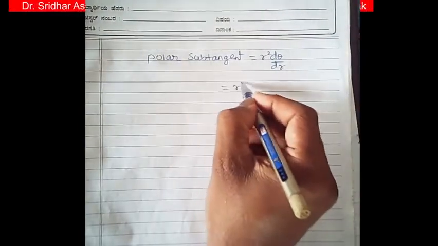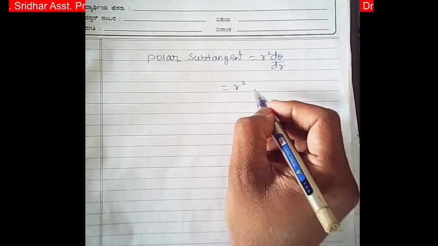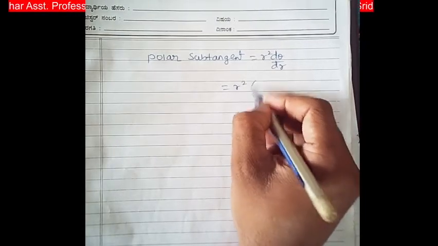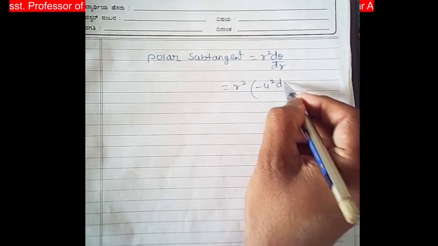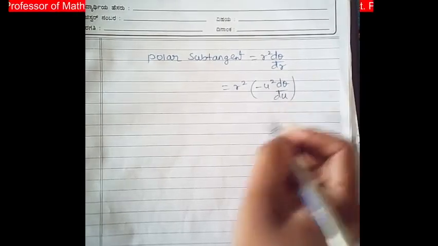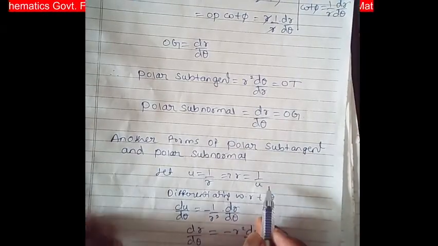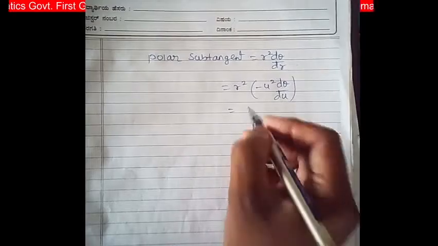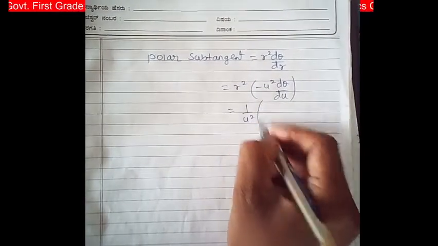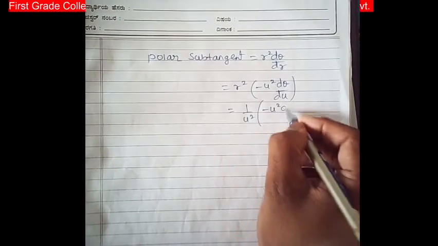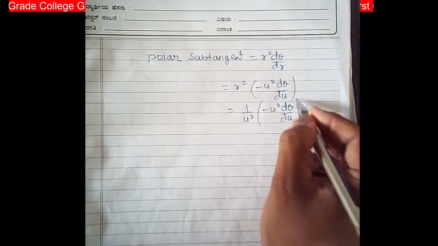Now substitute this d theta by dr in the equation, which is r square times minus u square d theta by du. Since r is 1 by u, r square means 1 by u square, so it is 1 by u square into minus u square d theta by du.